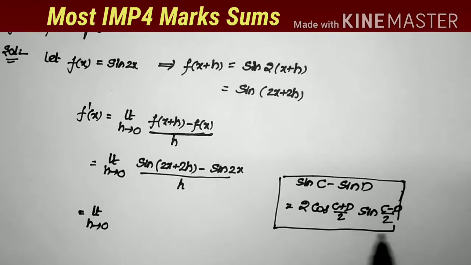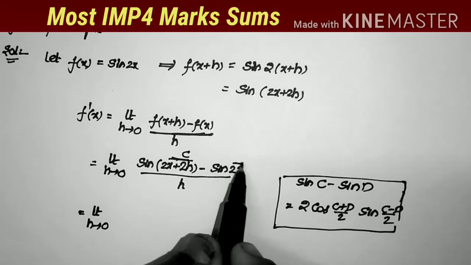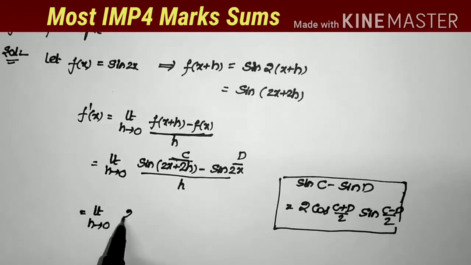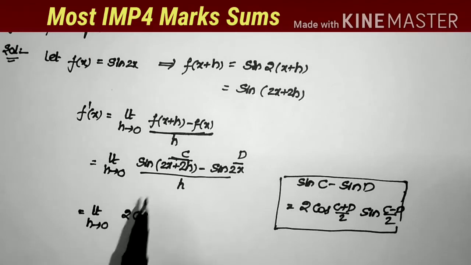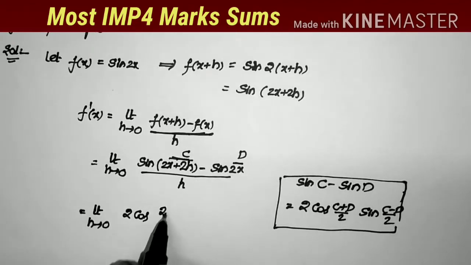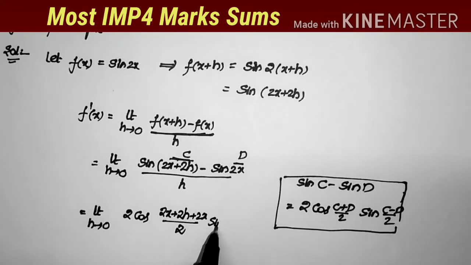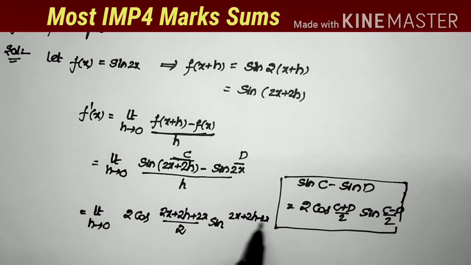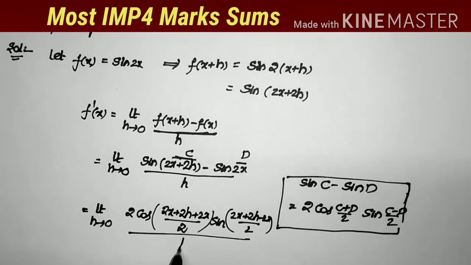Now applying this formula here, what are c and d? C is equal to 2x plus 2h and d is equal to 2x. Applying the formula, 2 cos of c plus d by 2, that is 2x plus 2h plus 2x by 2, into sine of c minus d by 2, that is 2x plus 2h minus 2x by 2, whole by h.